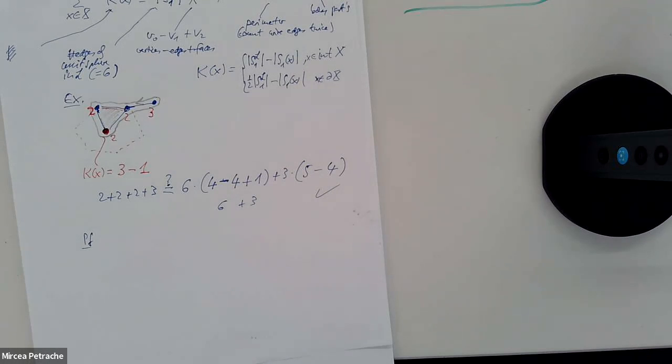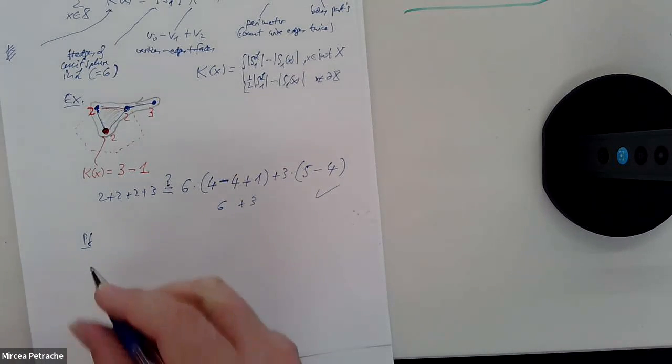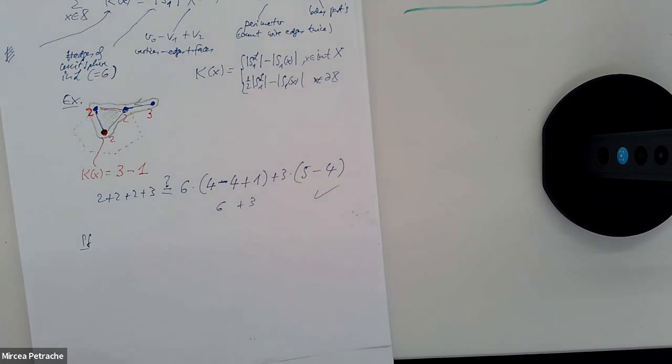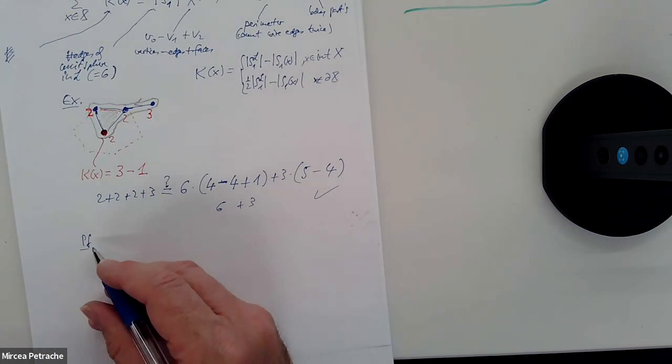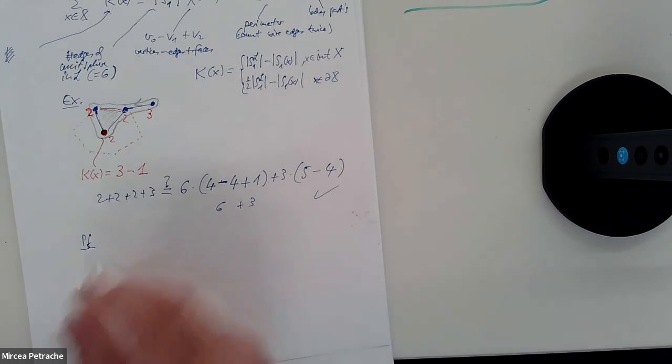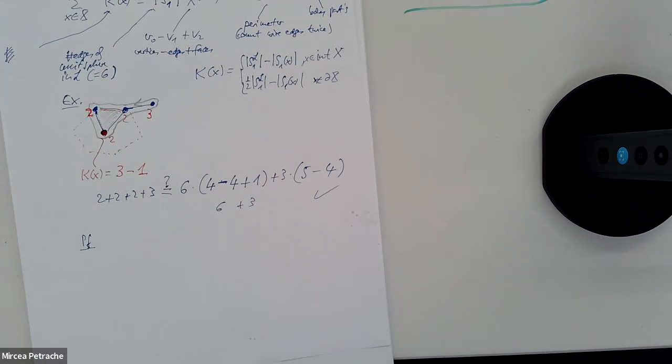If we have a triangular graph in a plane, where triangular means all faces are triangles, that gives us some nice properties.